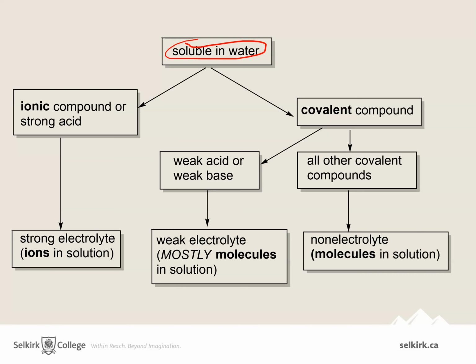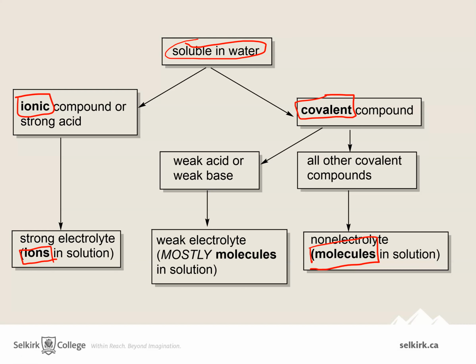The question I'm going to ask for things that are soluble in water is, is it ionic or is it covalent? That is the main question, because whatever particles were originally present, you end up with in solution. If I have an ionic compound, I get ions. If I get a covalent compound, I get molecules.